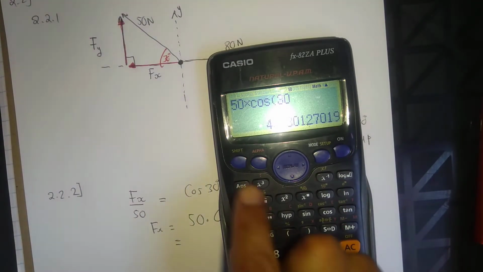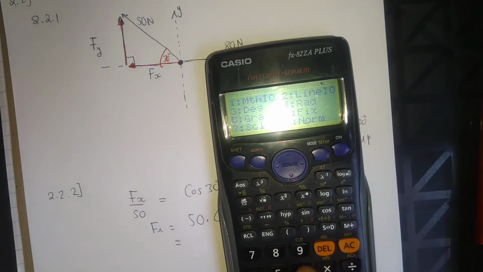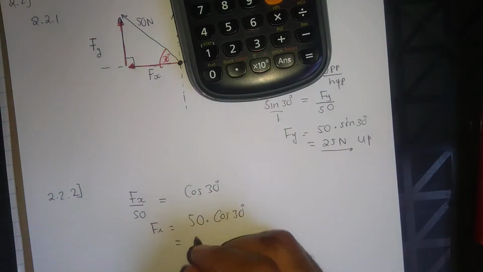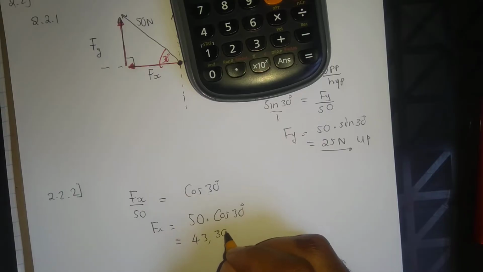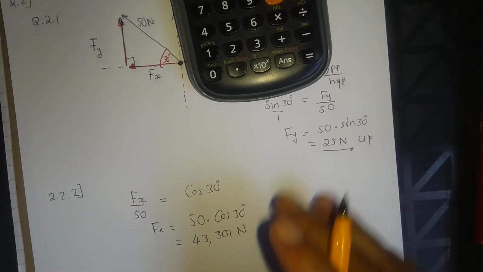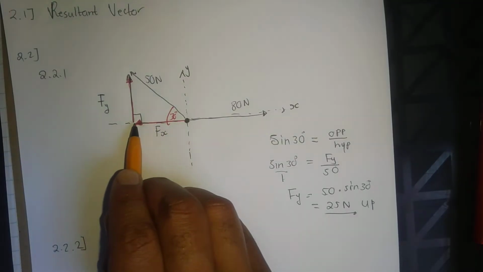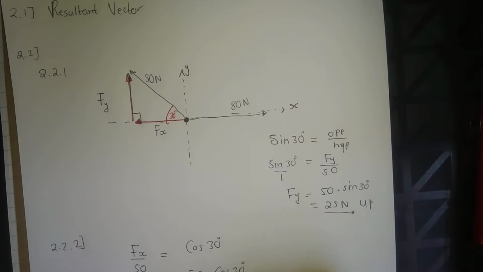Rounding off to 3 decimal places, it's 43,301 Newton.